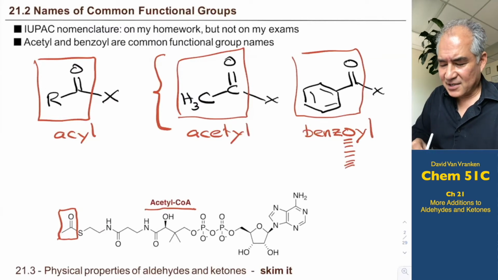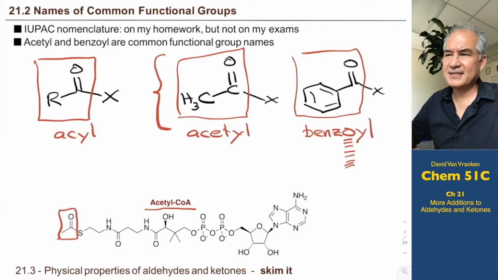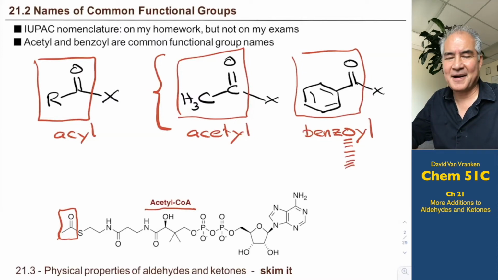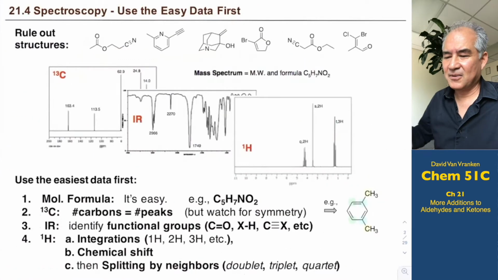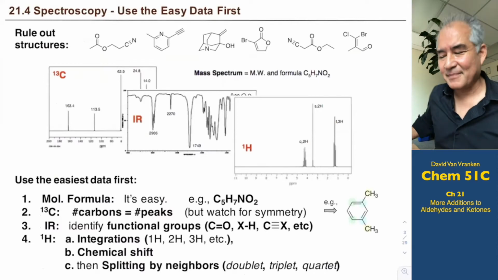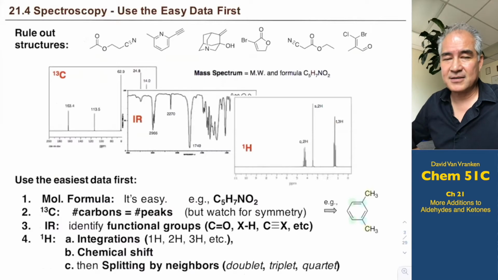The book has a section that talks about physical properties of aldehydes and ketones, polarity, things like that. You can skim that. I'm not going to ask you the boiling points of any carbonyl-containing compounds or the level of volatility. So that's not really important. What I will ask you about on every exam is some kind of a spectroscopy question. And we just don't get enough practice working with spectroscopy in this class.